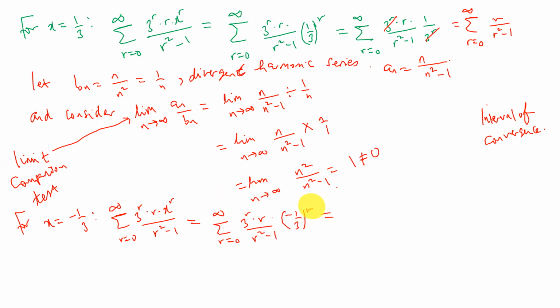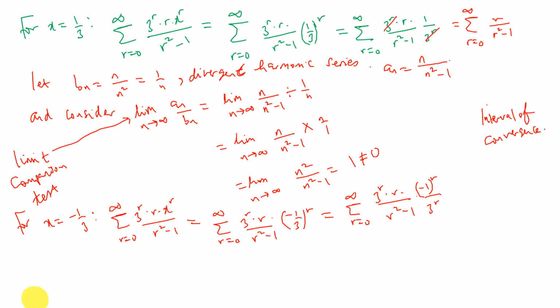Okay, what are we getting here? What we're getting here is the infinite series summation. So you separate this one, 3 to the power r, and then you have r squared minus 1, and then you can write minus 1 to the power r, and 3 to the power r.